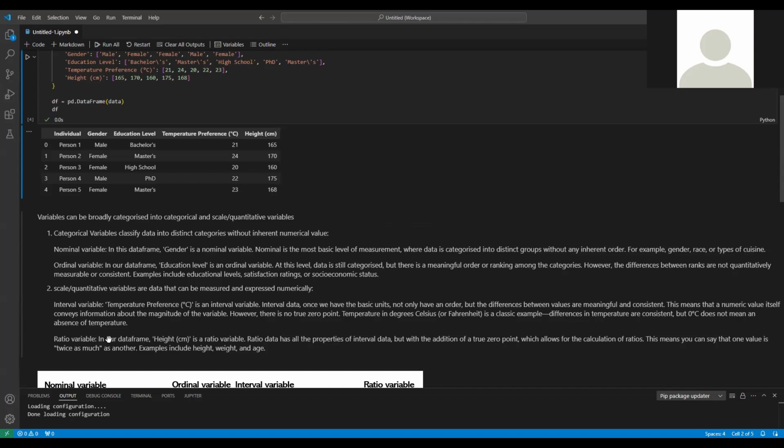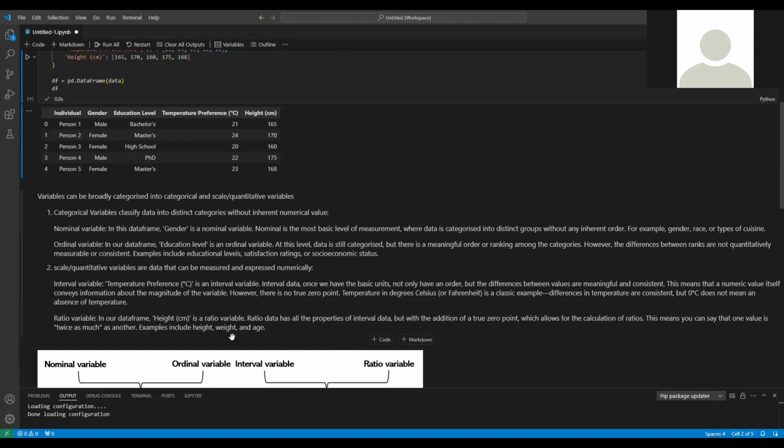Whereas for ratio variables, although we could use numeric values to describe the information of specific attributes, right? Height, weight, or age. In that case, the number zero actually refers to nothing, absence.